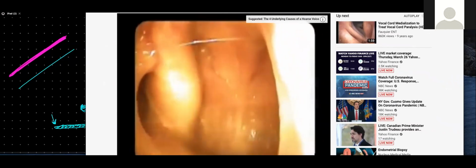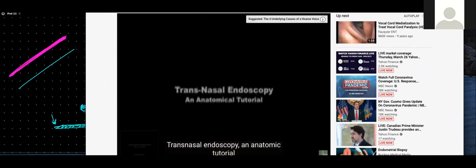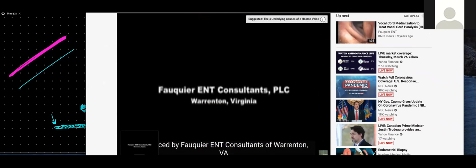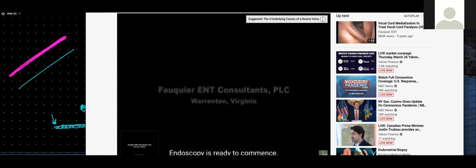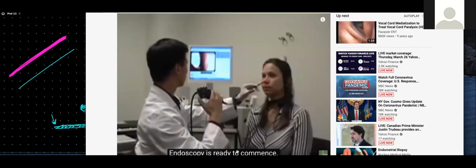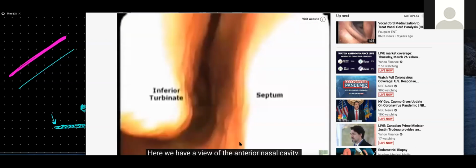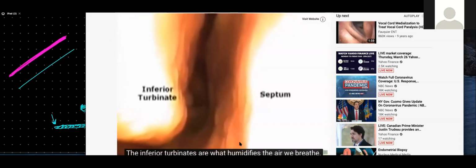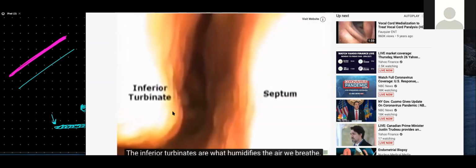So we're looking here at an endoscopy of the upper respiratory system. So it passes through the nasal cavity.